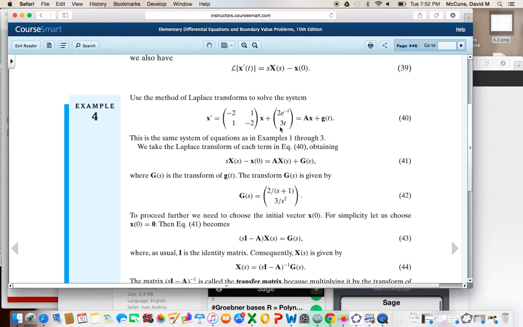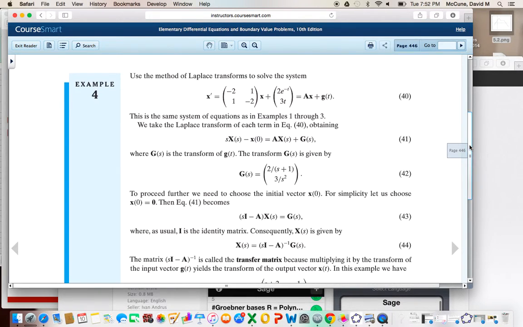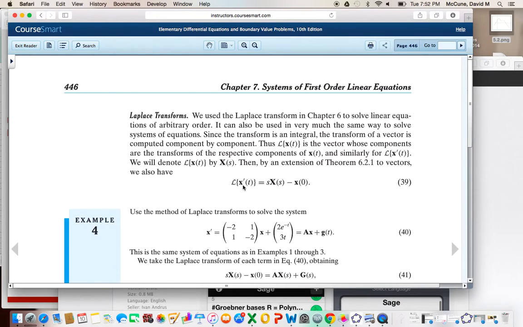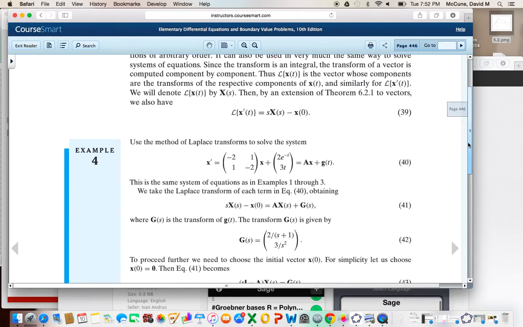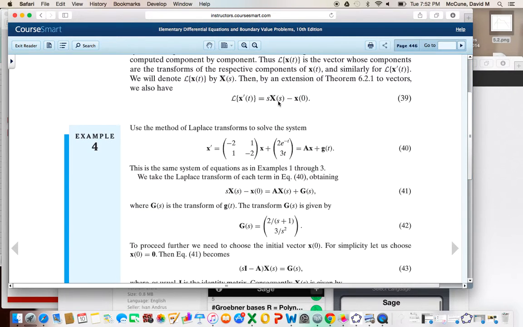Okay, so let's use Laplace transform on this guy. This is the same system as before. We're just going to use a different method on it. So notice when I Laplace the left-hand side of this, I get this formula from up here. Laplace of x prime is s Laplace of x minus x of 0. And then this matrix A is just constant, so it just pulls out of the Laplace, and then you have Laplace of x here.